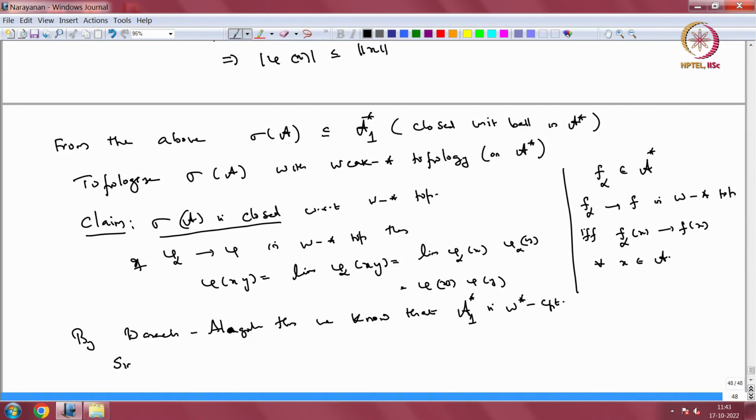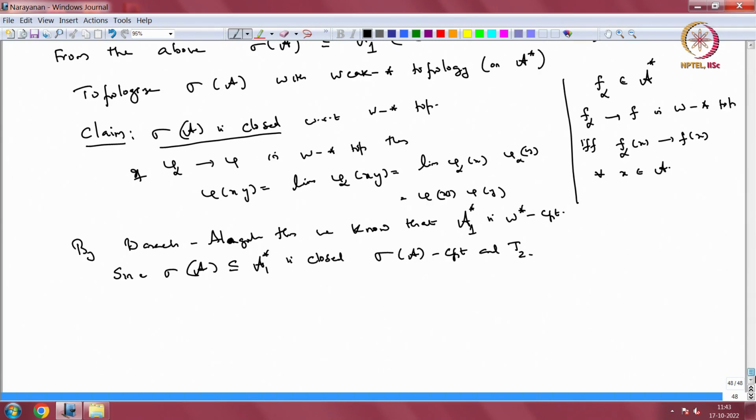So, since sigma A is closed, sigma A is also compact, and of course, it is T2. Okay. So, it is a compact Hausdorff space, Hausdorffness is trivial. I will leave it to you.